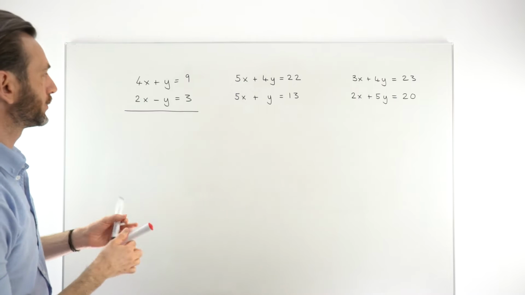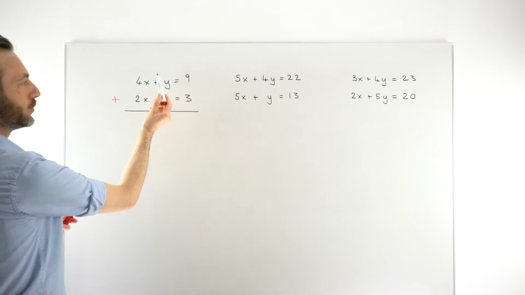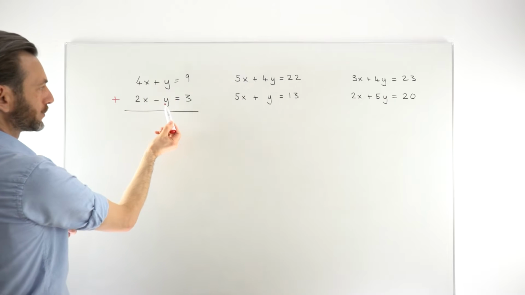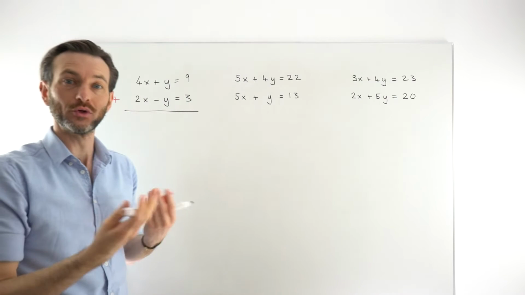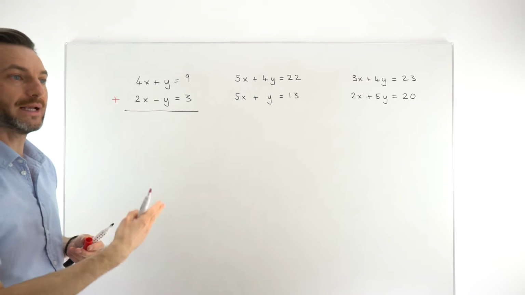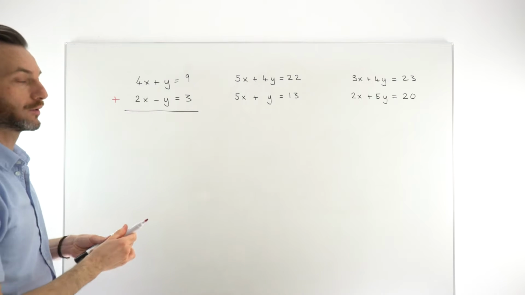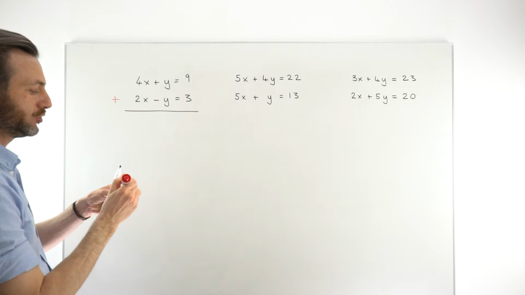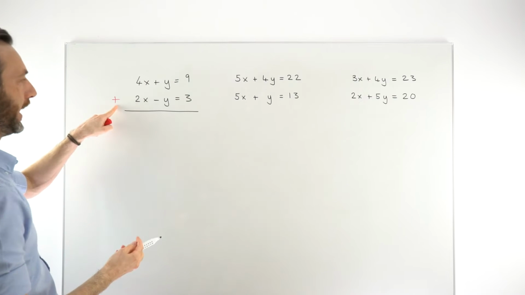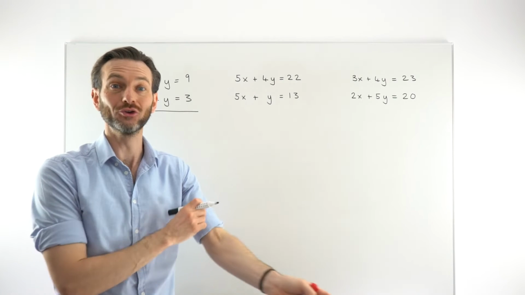And in this case, to get that to go to 0, we would need to add, because if you do y plus minus y, well, that's just y minus y, which is 0. If you did y minus minus y, well, a minus minus is a double negative, a plus, so that would give you 2y, and that's not what we want. We want it to go to 0. So we're going to choose to add. That's always your first step, deciding whether you need to add or subtract your 2 equations.